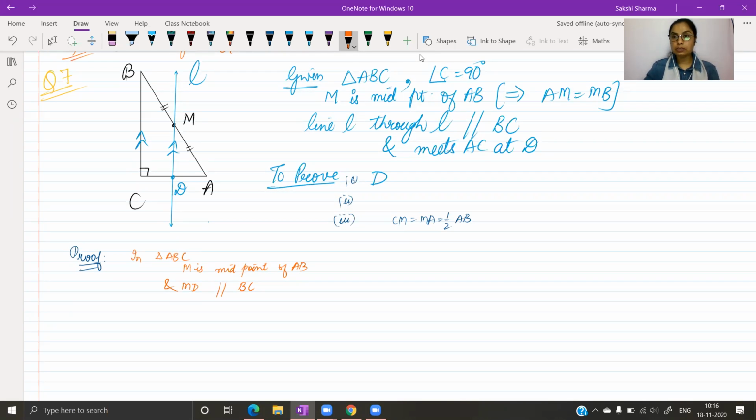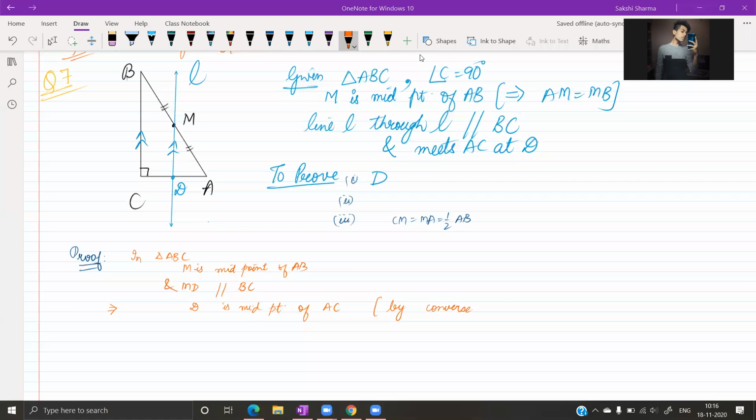The line segment through that point is parallel to the second side. And what we conclude is that that line segment's other end is the midpoint of the third side. This proves your first part.